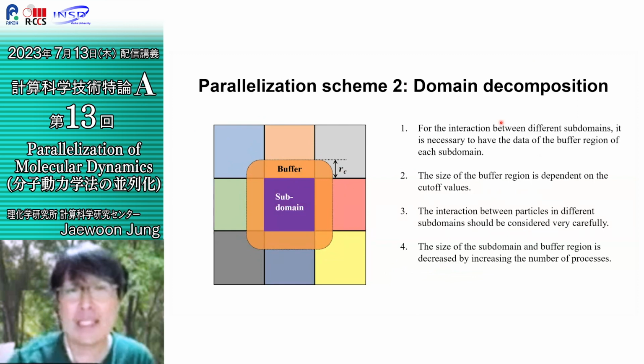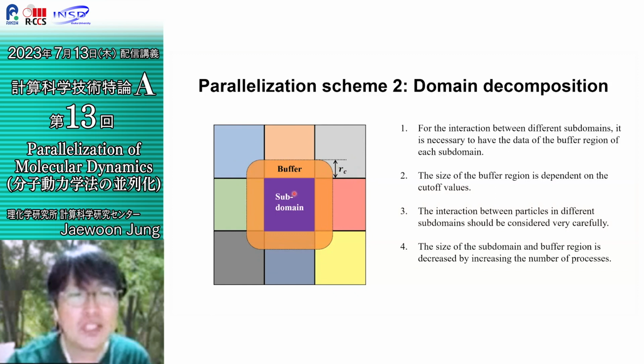So in this case, please remember that I mentioned the threshold values in van der Waals and real space electrostatic calculation. Because of this, in fact, for each particle, you need to have the data of not only this region, but also some kind of buffer region. And this buffer region depends on such threshold values.